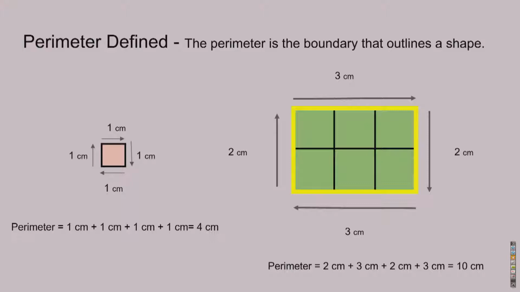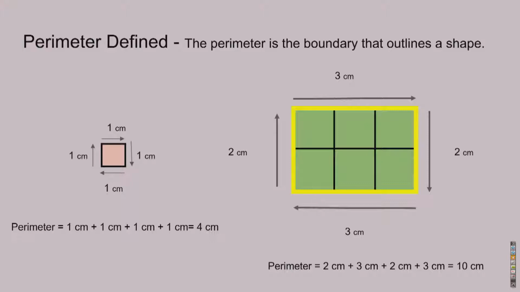The perimeter is the boundary that outlines a shape. We have a square outlined in black, and a rectangle outlined in yellow. That is the perimeter identified there.